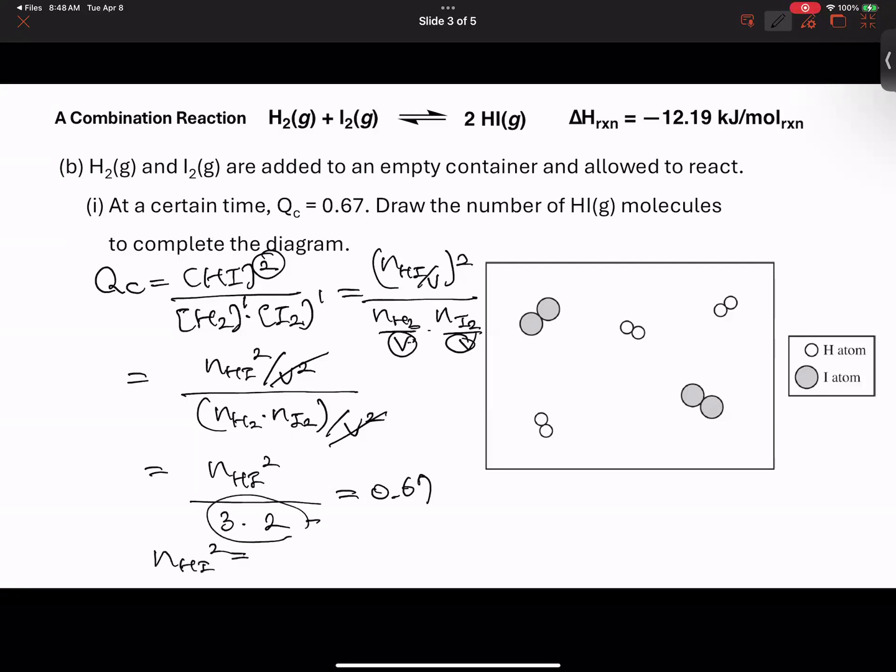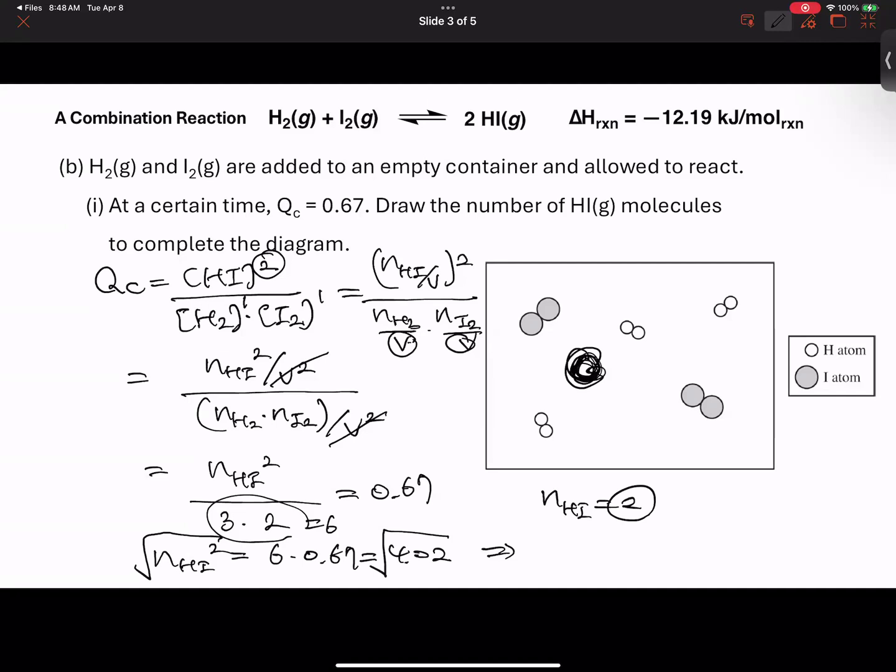So this is 6. Let's multiply 6 on both sides. It is 6 times 0.67, which is 4. And then when you take the square root on both sides, we find that the number of hydrogen iodide gas molecules is 2. So then simply draw 2.